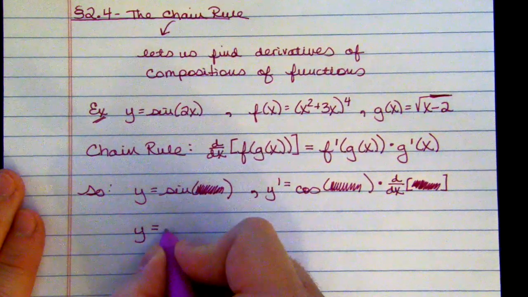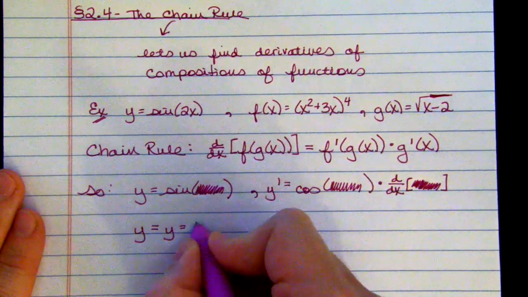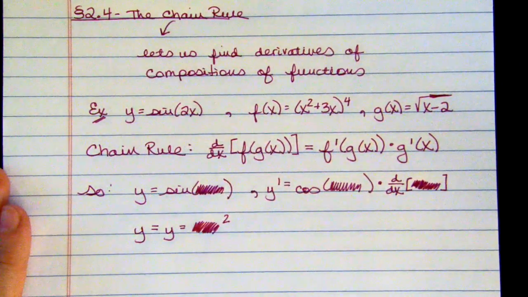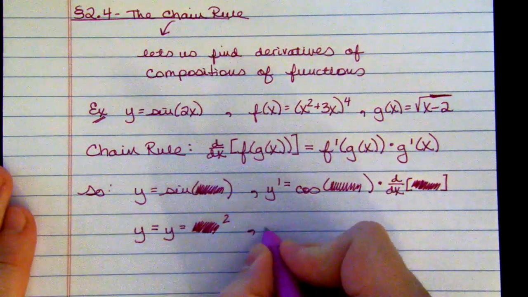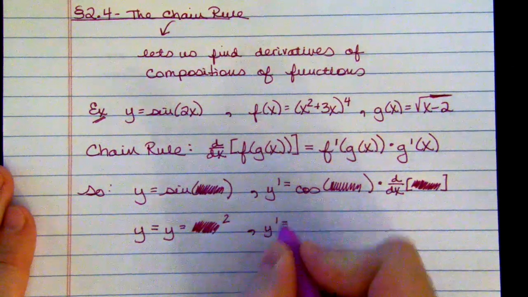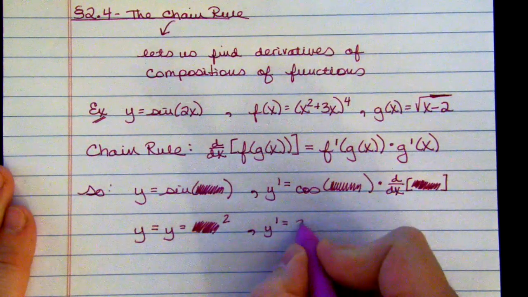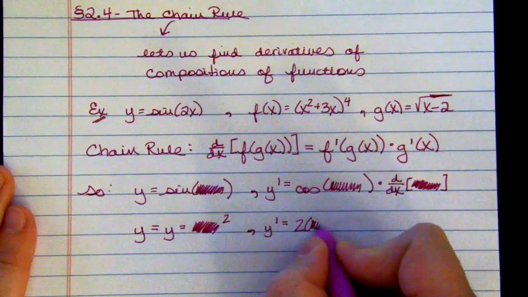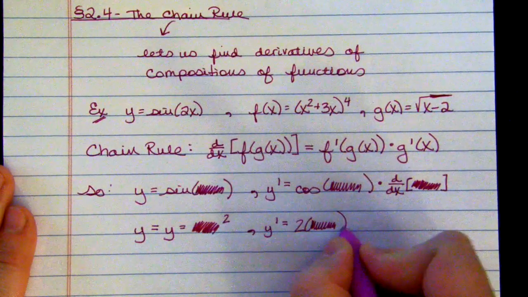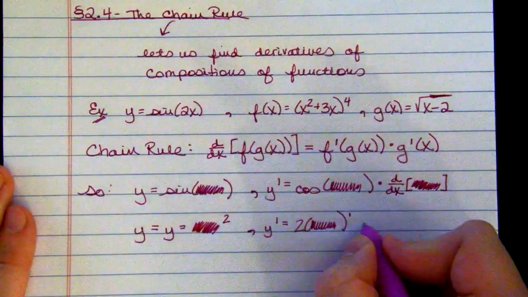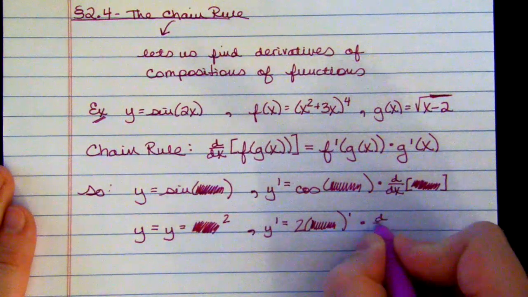If I want to do y equals something squared, my chain rule says I should take care of that outside function. What's the derivative of a square? Well, 2 times the thing that was inside there. Times the derivative of the thing inside.